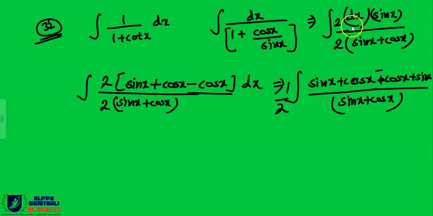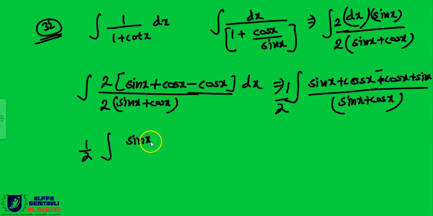If we compare, we should get 2 sin x in the numerator: 1 sin x is there and 1 positive sin x there, so when you add, we get 2 sin x, and the positive cos x and negative cos x will get cancelled out, correct? Understood?